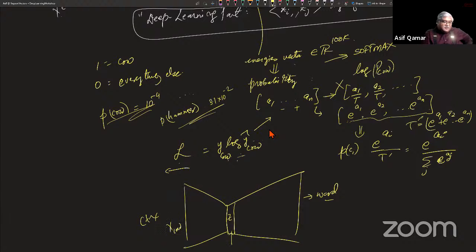There is an X vector for the context. Now here is the word cow, and here is a Z. Once it is trained, whatever the hidden vector Z of the cow is, when inflated back into the 100K dimensional space using the W prime matrix and going through the softmax machinery, it will start pointing to X cow.